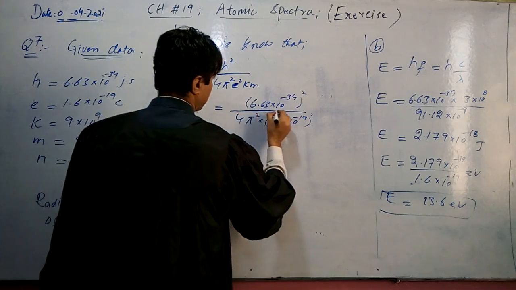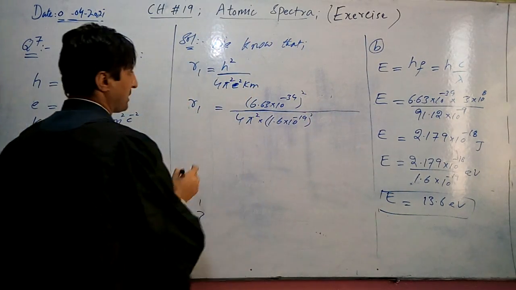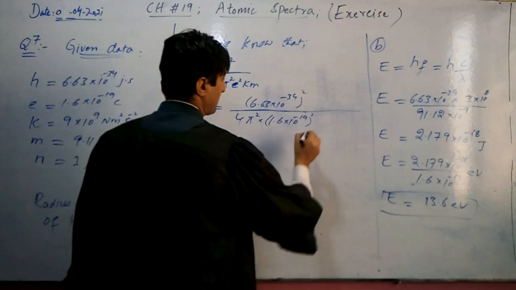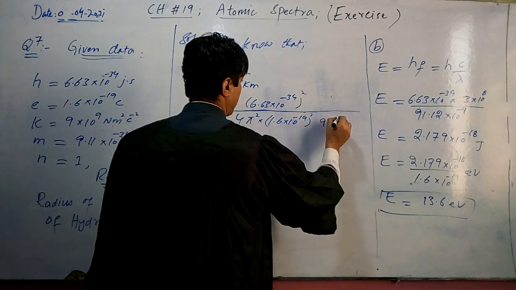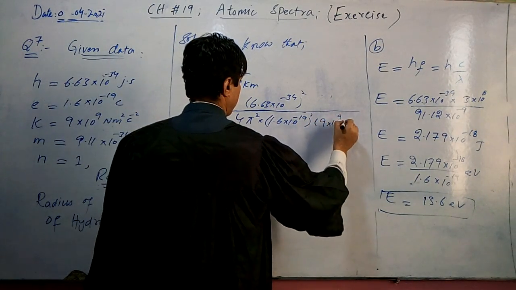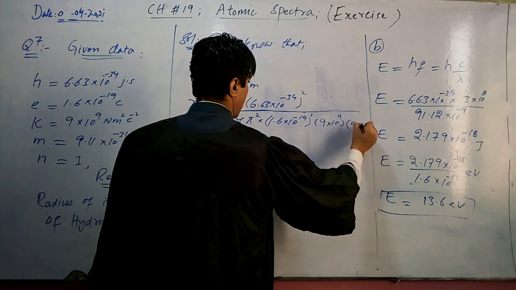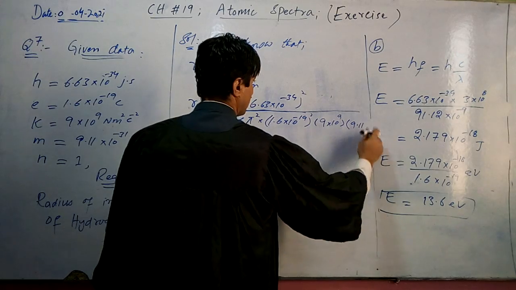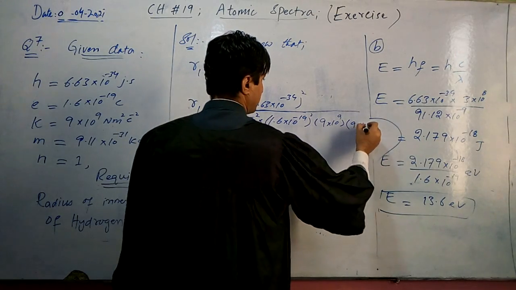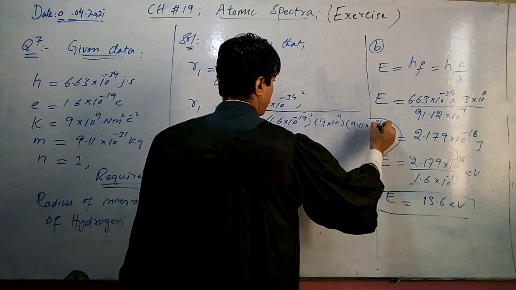Similarly, putting the value of K, what is the value of K? 9 multiplied by 10 power 9. What is the value of m? Mass of an electron 9.11 multiplied by 10 power minus 31.